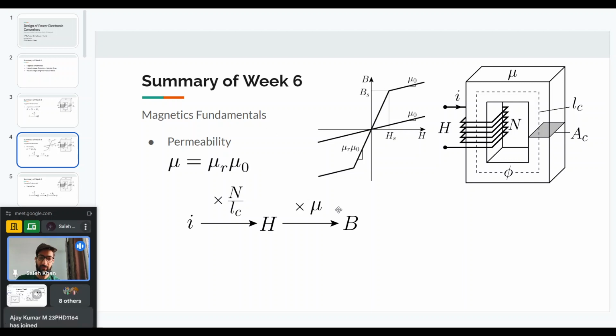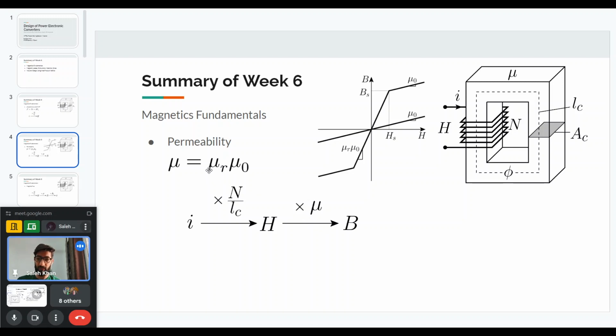This basically means, if we apply a magnetic field intensity somewhere, how much magnetic flux density will be produced. The relative permeability basically means how much more permeability a material has compared to the permeability of free space.